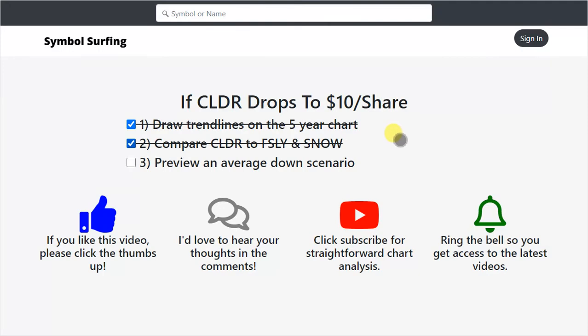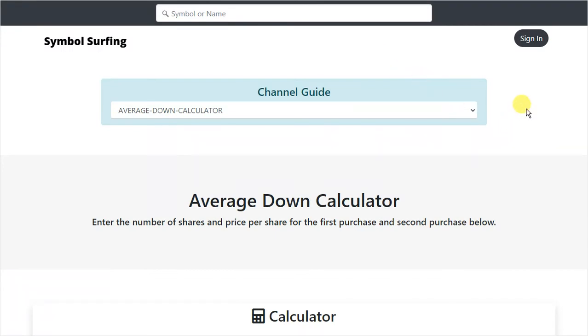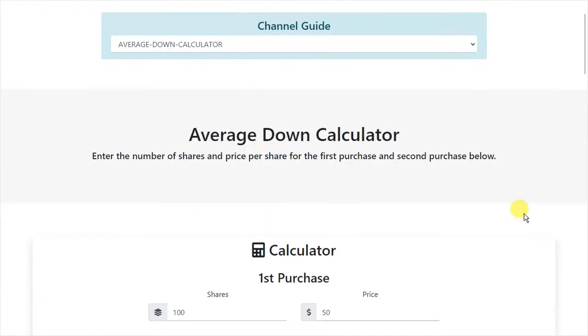Don't average down if you don't believe in the company anymore. But if you still believe in the company and nothing has changed fundamentally, then averaging down can be a really interesting way to go. It's like buying the same stock at a discount. So let's look at the average down calculator on Symbol Surfing and get right into it.